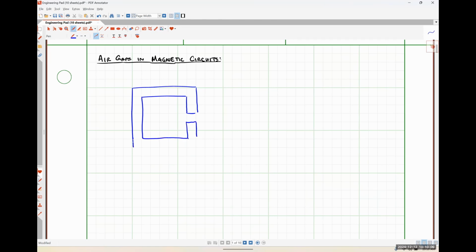So we've got this kind of C-shaped core. Actually, let me make that gap even bigger so that I can draw things better.